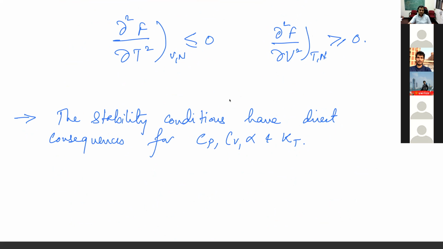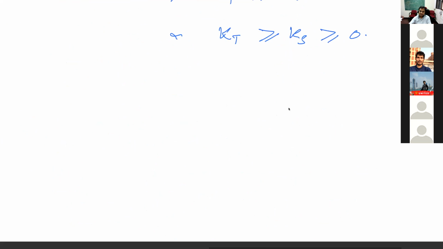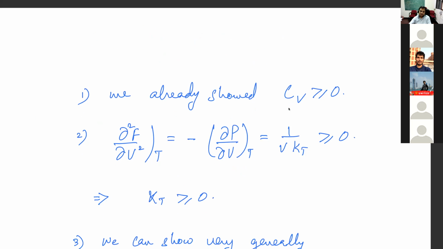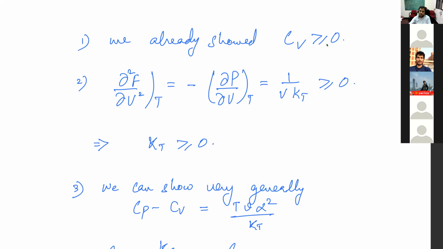As we already saw, the stability condition will impose some constraints on Cp, Cv, alpha, kappa, etc. So Cv we already showed is greater than or equal to 0. And for kappa you can show by means of this relation that ∂²F/∂V², V being the extensive variable, should be greater than 0.